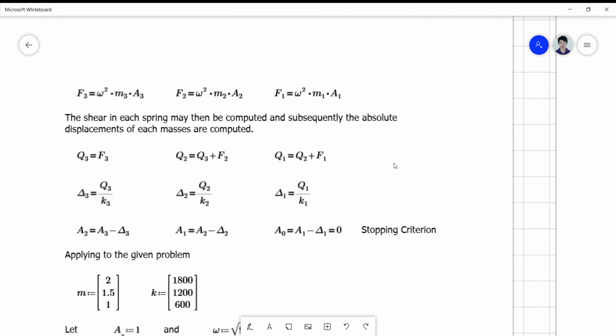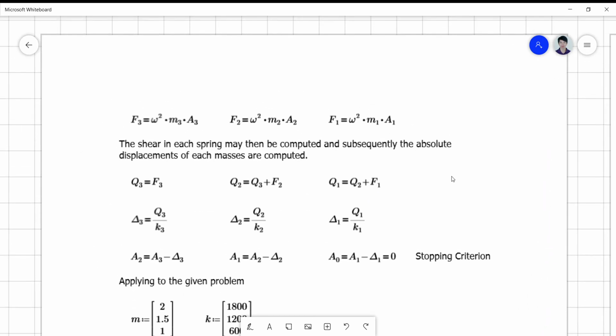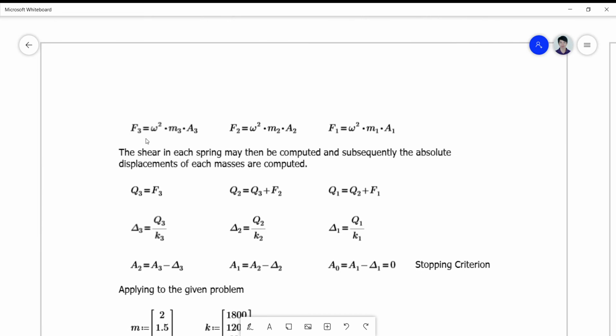So taking note of the formulation, we can compute now for the forces in each story that will give you your amplitudes on the basis of the K. Okay, so force is equal to stiffness, which is omega squared m times the amplitude, I mean, the displacement.